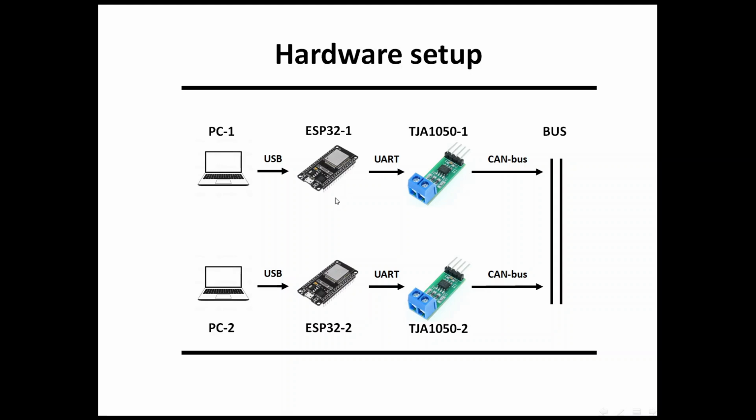The message goes from the ESP32 to the transceiver and to the CAN bus. On this bus we can put numerous devices, I think 32. And the other ESP32, which we will see in a few minutes, is receiving the CAN communication.